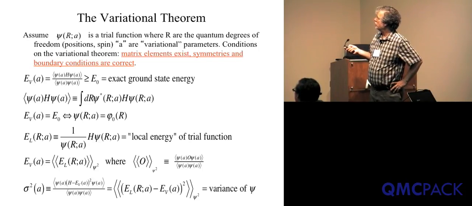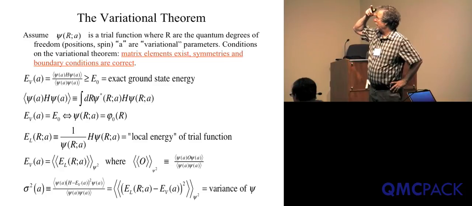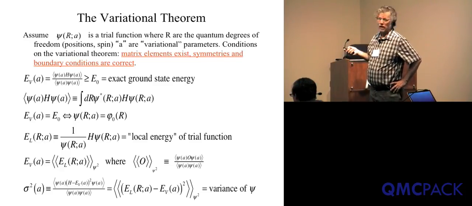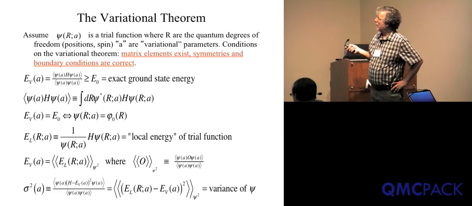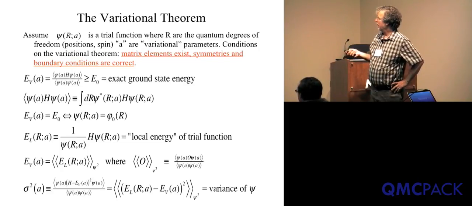So that's why we have a ratio here, right? So the variational theorem is that this ratio is an upper bound to the exact ground state energy. And variationally, what you would do would be varying, choosing A, these parameter set, in order to get the best upper bound. Okay?